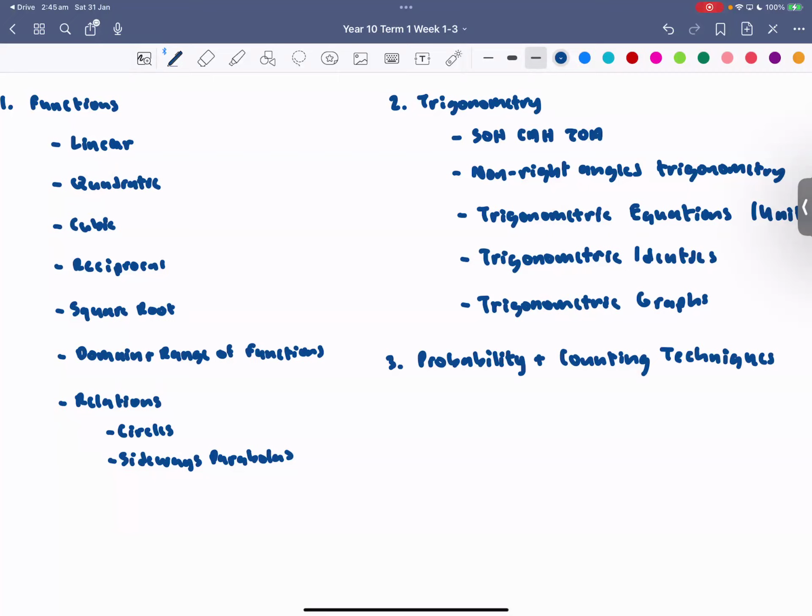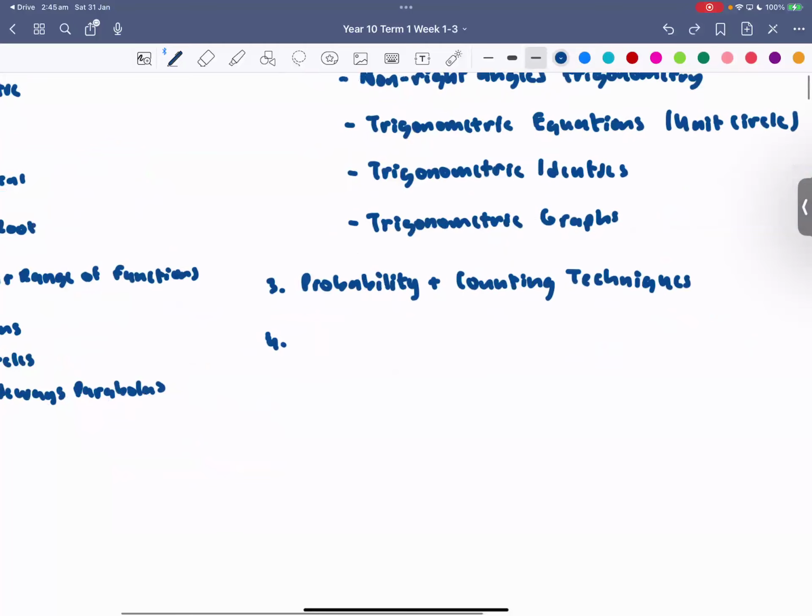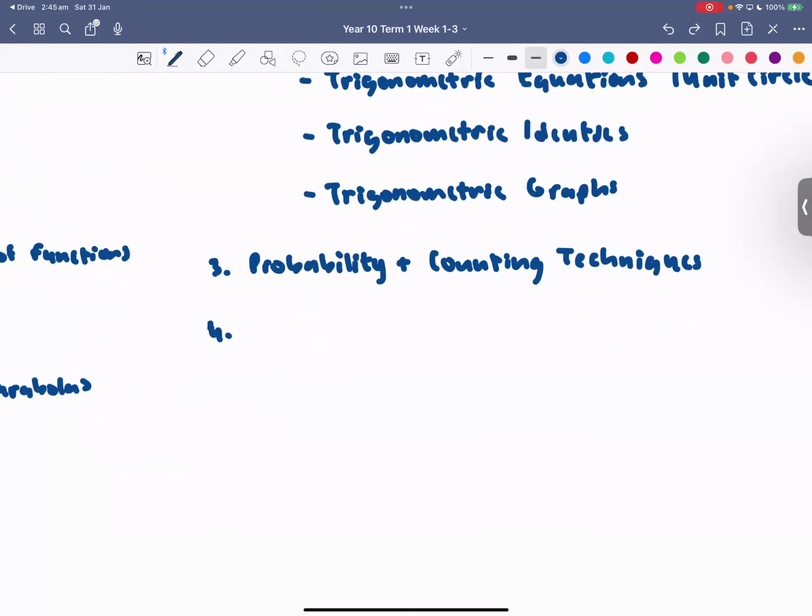All right. Probability and counting techniques. Topic number 4 all comes in under the same thing. It's got indices. Topic 4 is indices and exponential functions.